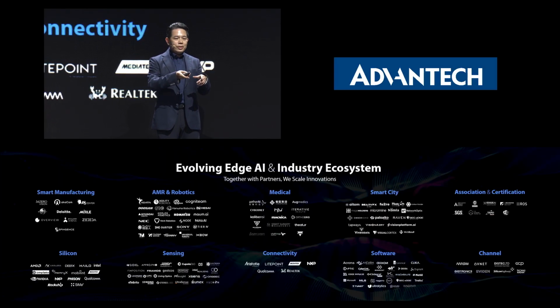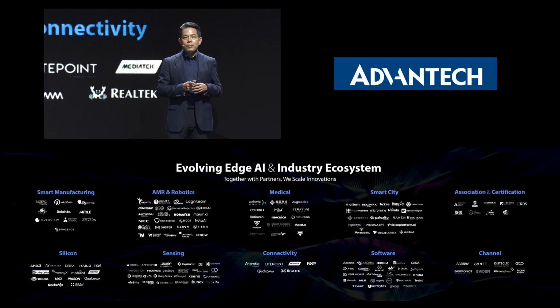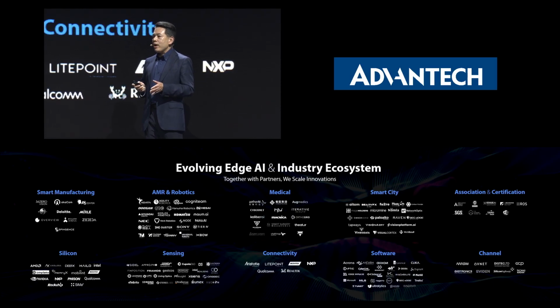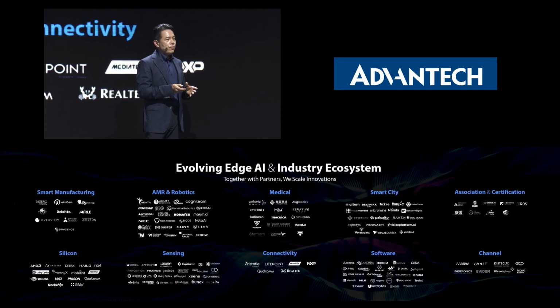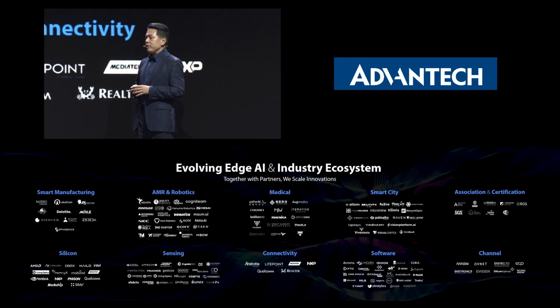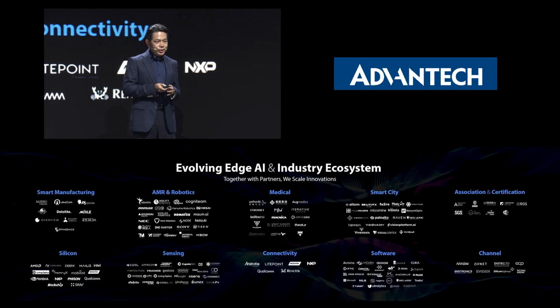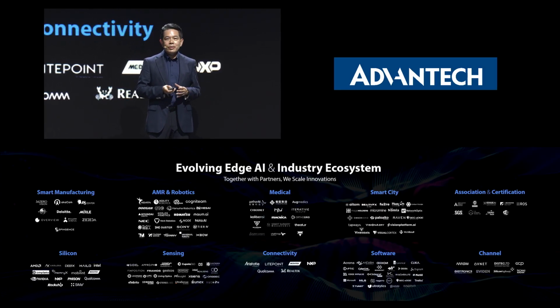That includes silicon chip vendors, sensor module vendors, software developers, wireless designers, all the industrial associations, and also the ecosystem from individual vertical markets, from smart manufacturing, retail, medical, and smart city, etc. So Advantech would like to invite all our partners to join together to co-create, to realize physical AI in the industry.